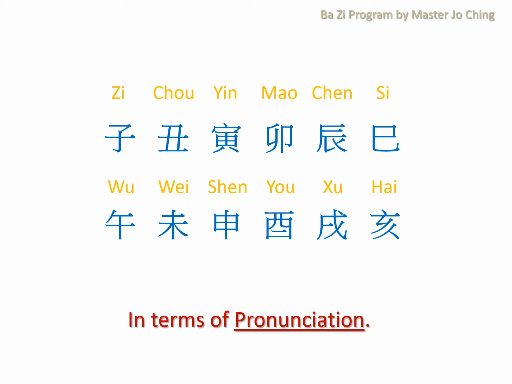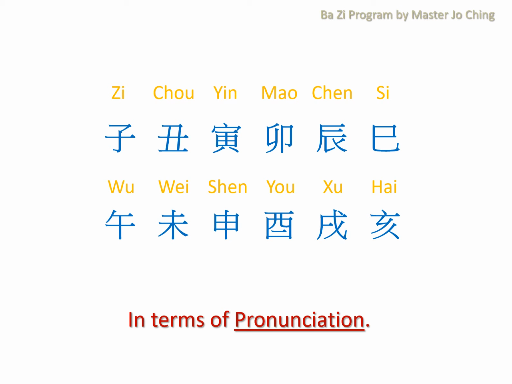Otherwise, in ancient times, how would you know which day today belongs to, and when to take a lunch break, a dinner break, what time to sleep? So we rely heavily on stems and branches, and they can also tell us direction.